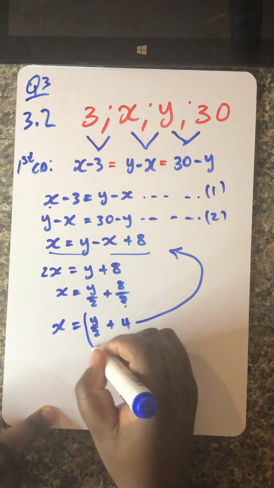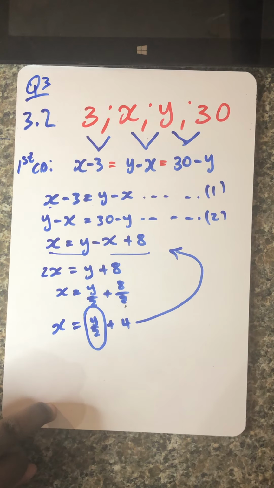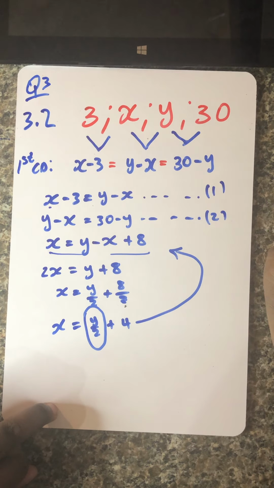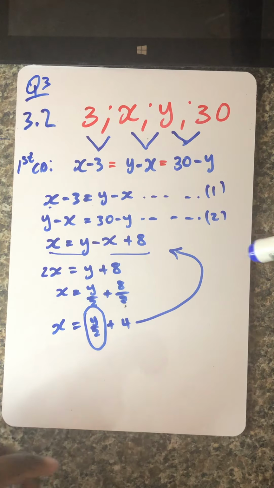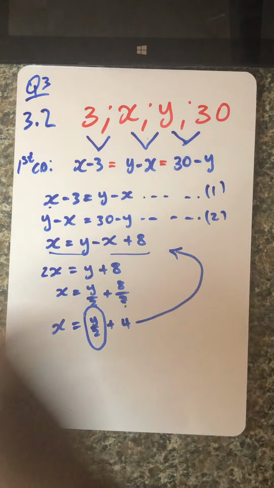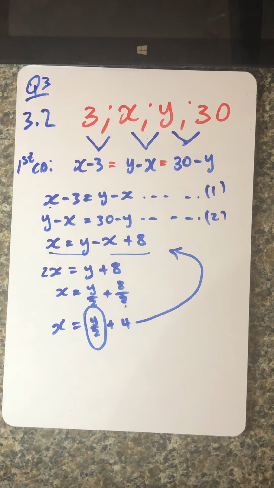But I know a lot of you don't like dealing with fractions. It actually makes it easy for you to make mistakes. So in case you get to this kind of situation, just try to make y the subject of the formula, and see if you've got a linear equation without any fractions.